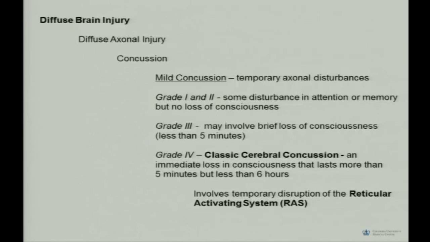So it's a diffuse axonal injury, but the axons just get stressed out or shocked and eventually get better. So grade 1 and 2 concussions will manifest as subtle or moderate disturbances in attention or memory, but the person will not lose consciousness, right? They'll be a little dazed, a little confused, but they will not have lost consciousness, and they will certainly not get progressively worse.